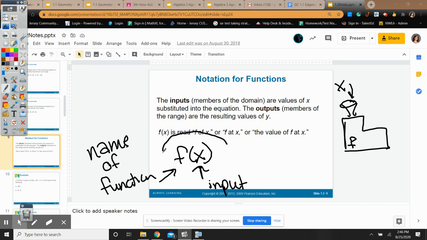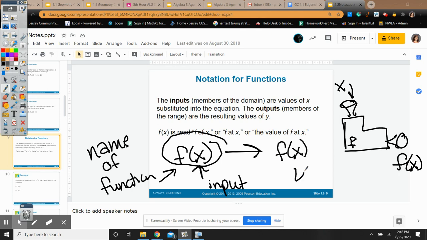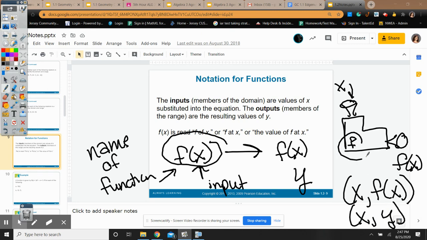And then the whole entire thing is what it shoots out. So F doing something to X, or F of X, is the whole thing. And a lot of you say F of X is the same thing as Y, because when we graph it, we usually graph X and then we graph F of X, which is the same thing as graphing X and Y. So the function's name is F. X is called the input, and then the whole thing, F of X, is called Y, or the output.